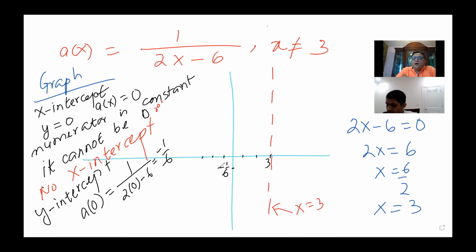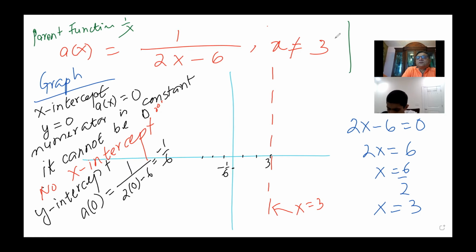Now, what is the nature of this graph? Can you tell me? More or less, it is like a reciprocal function, right? So let's look into this. Parent function is 1 over x, correct? So the nature of the graph basically is kind of like this.